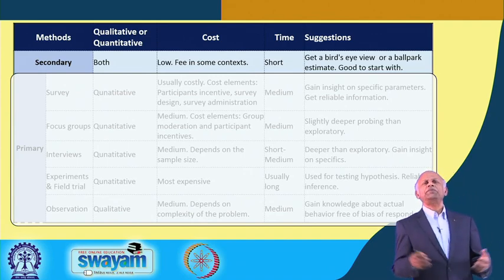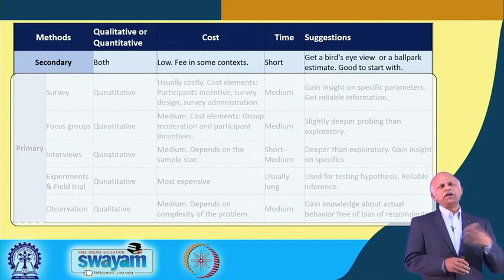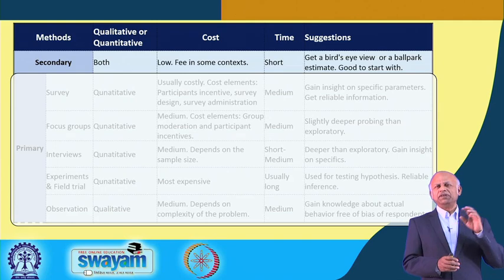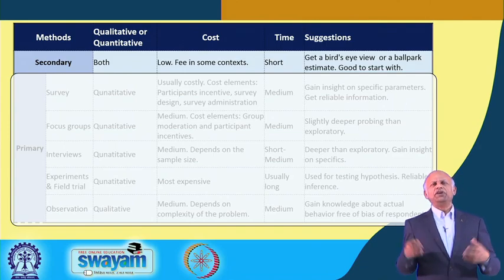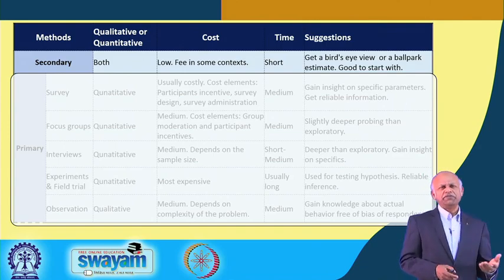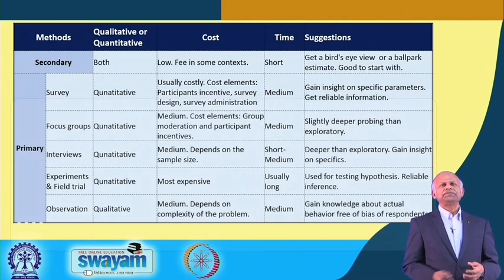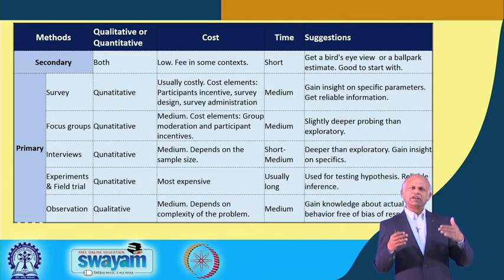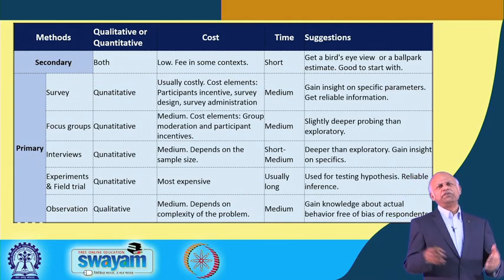Now, it is a summary of primary market research. Market research can be primary and secondary both. It is qualitative, then cost wise, time wise, suggestion wise. Primary has survey, focus group.